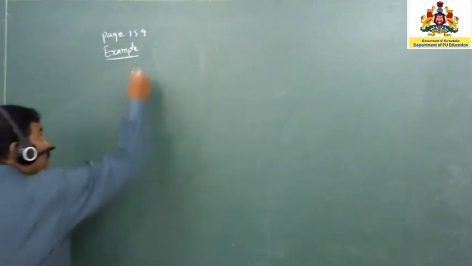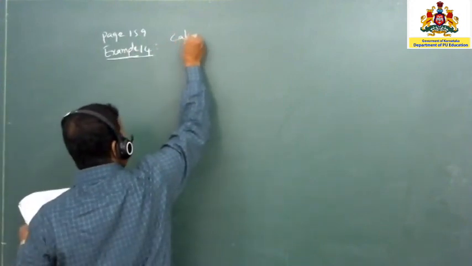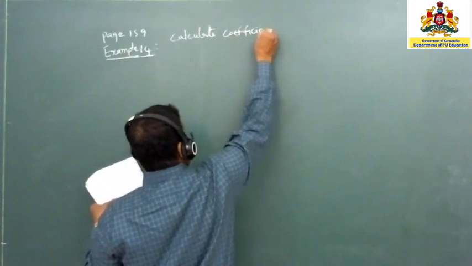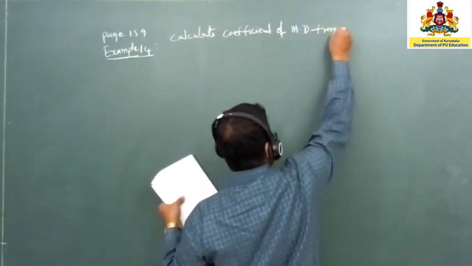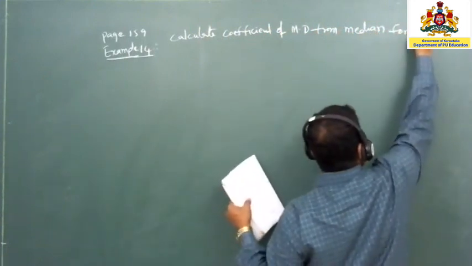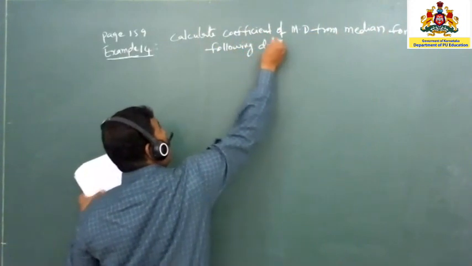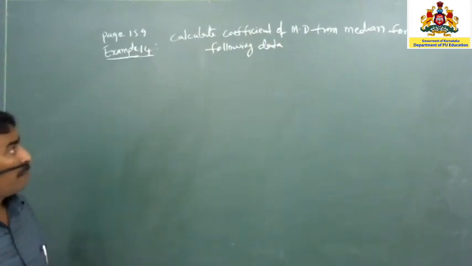So example 14. Calculate the coefficient of mean deviation from median for the following data.